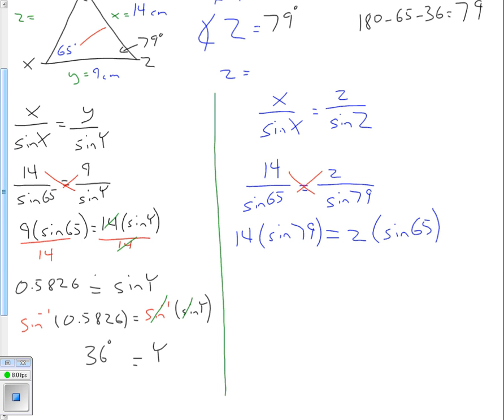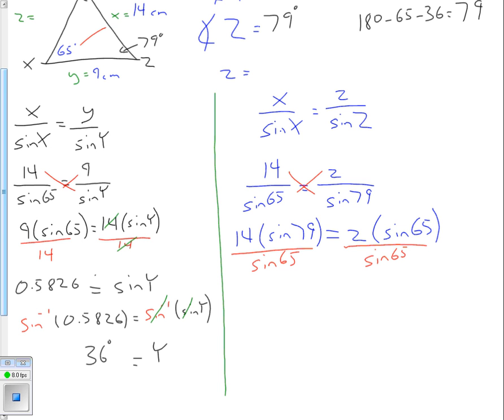Okay. Now I want to get that z piece all by itself. z is right now being multiplied by sine 65. So the opposite of multiplying by sine 65 is, of course, dividing by sine 65. So I'm going to divide both sides by sine 65.